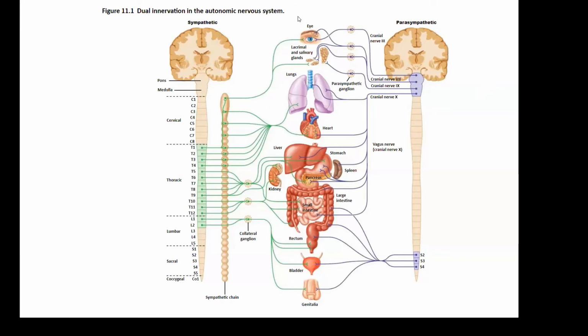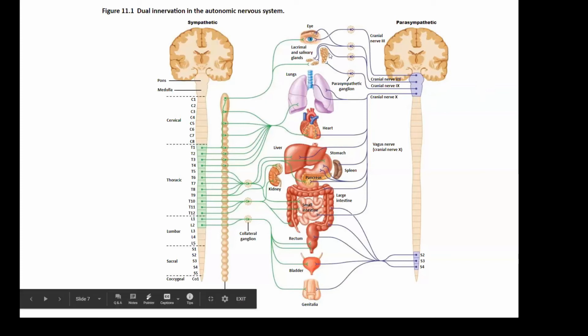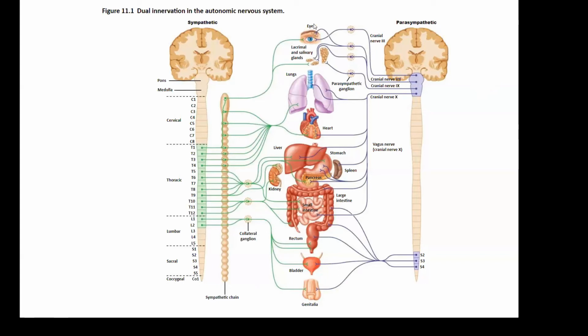So first we're going to think about these organs in the middle. You'll notice that what we've placed in the middle is parts of your body, right? We have the eye, the lungs, the heart, the liver, the gut, all our organ systems here in the center.